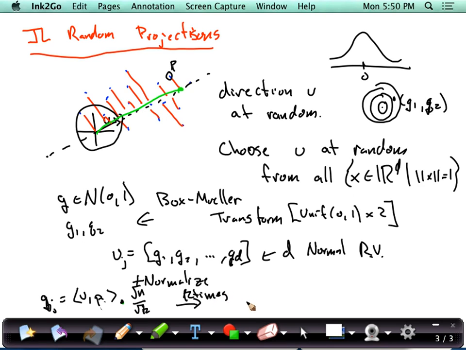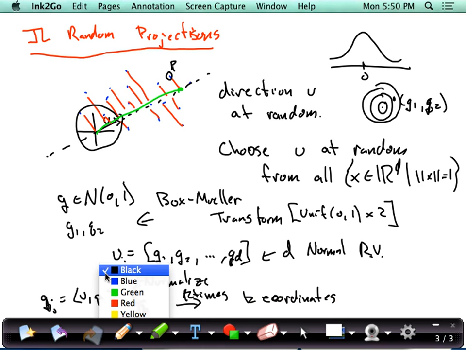And so I do this k times, and I get the k coordinates of all the data points. Okay, so by defining these vectors u1 through uk ahead of time, I've defined the algorithm.